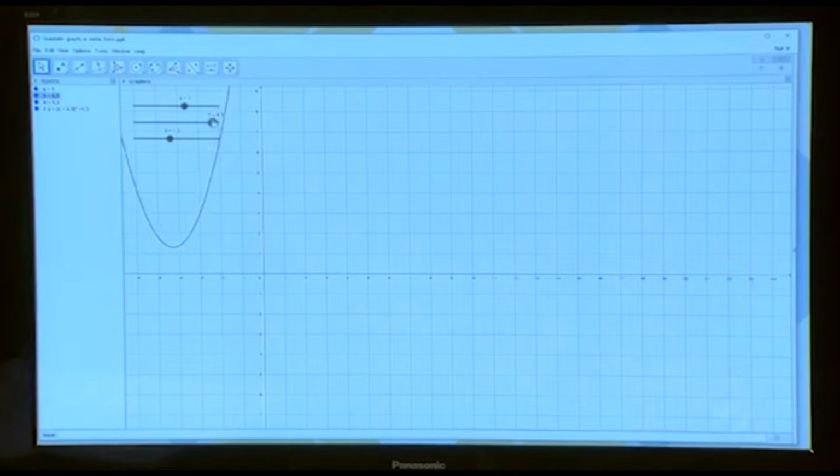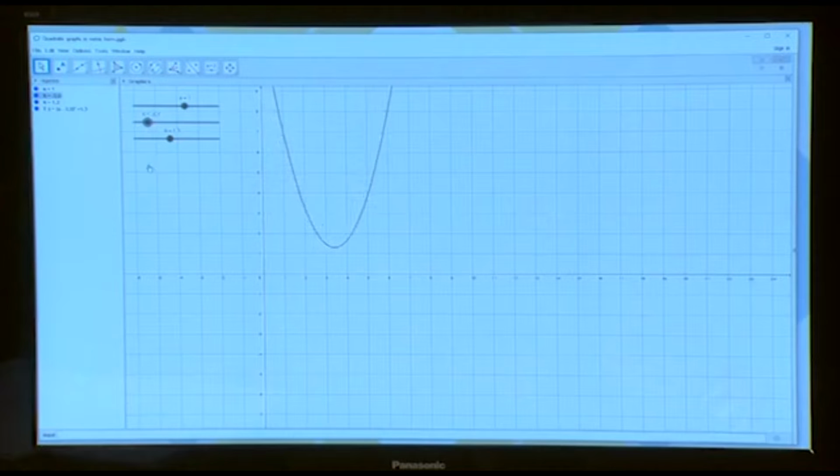All right? So what's happening now as my H values are over in my negative numbers, I'm seeing here that my graph is moving to the right.